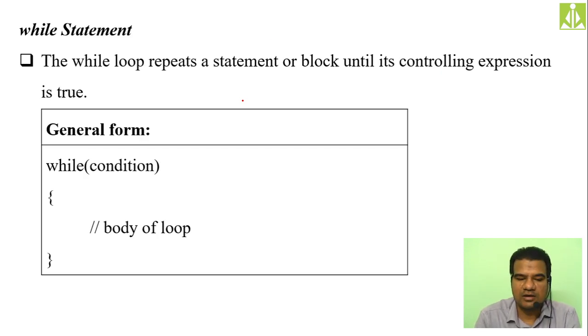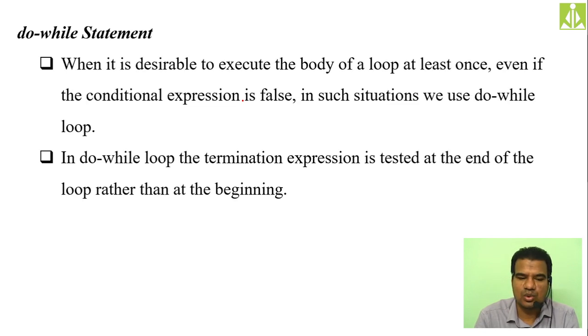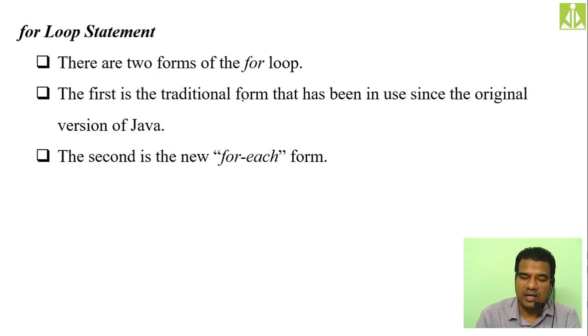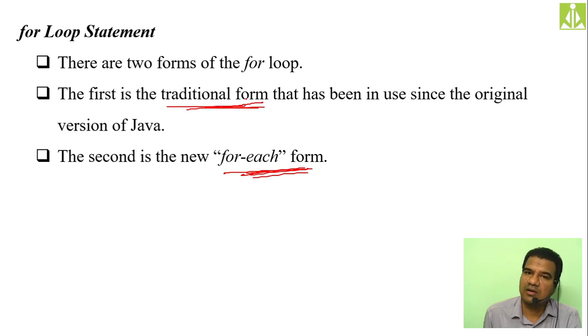For every loop I have given the syntax, and it is the same as your C language, no change. For the for loop, there is a special case: the for each version of the for loop. It has two forms. One is the traditional form, the same as what we discussed in C language, and the for each is the new form.